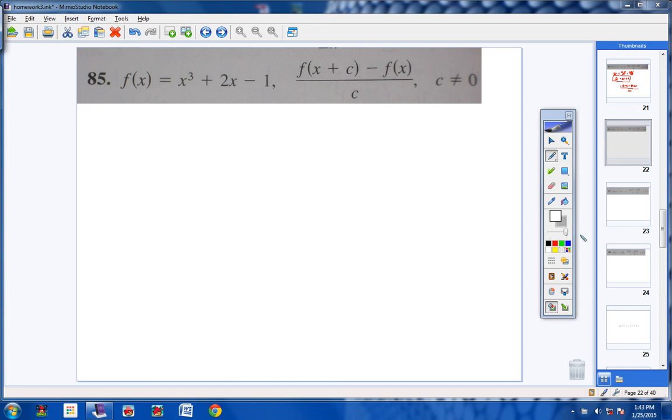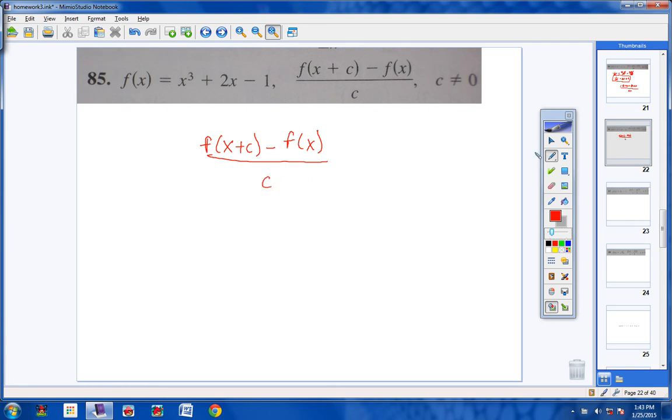Okay, students, on number 85, here we go. First of all, everywhere there's an x, we're going to start off with f. I'm going to put it like this: f of x plus c minus f of x, all over c, okay? Now, first of all, we're going to work with this right here. I'm going to take this out of the picture and put it down here. So we're going to evaluate this function right here at f of x plus c.